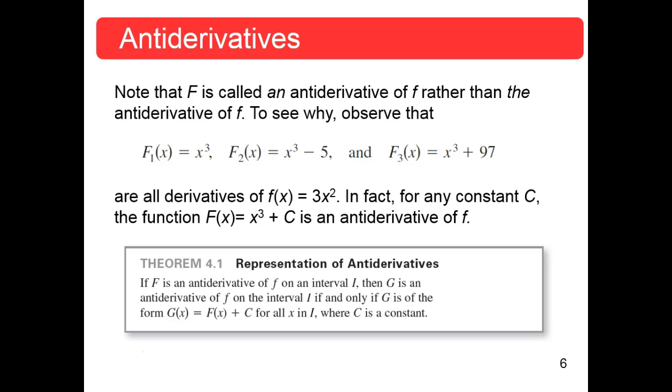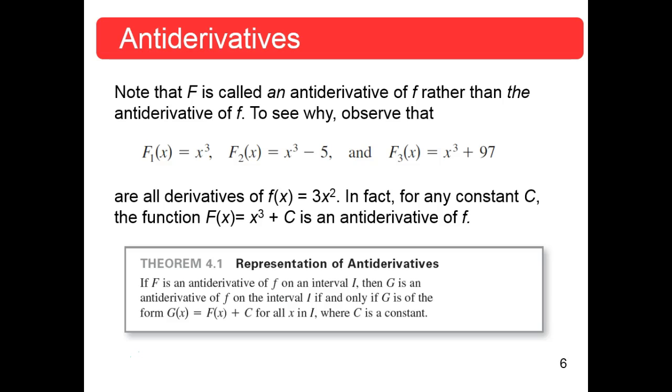X cubed plus 97. Its derivative is 3x squared. X cubed minus 4/3 pi to the 7th power, just a number, its derivative would be 3x squared.